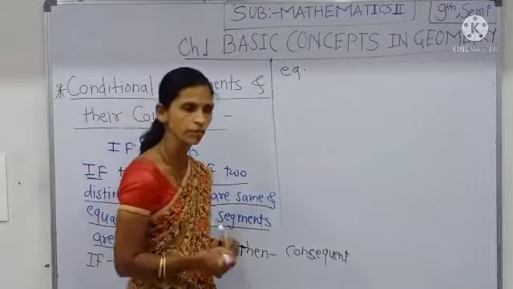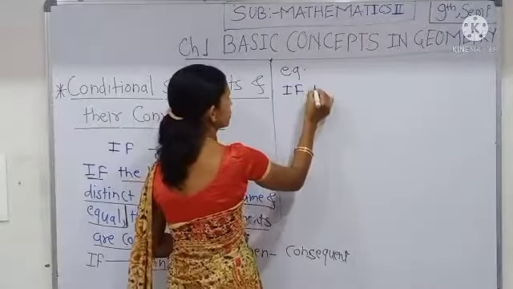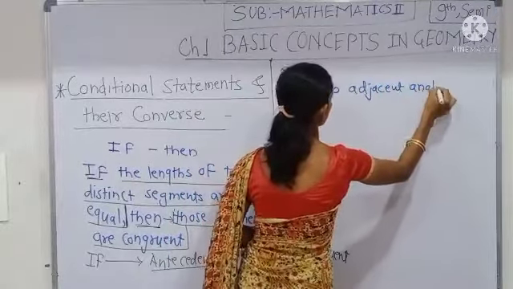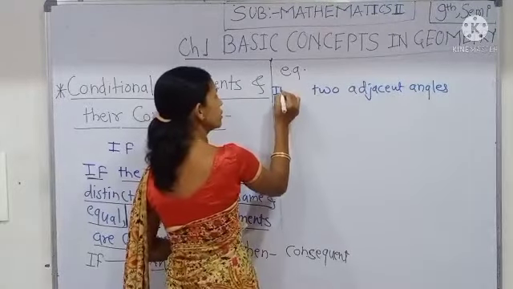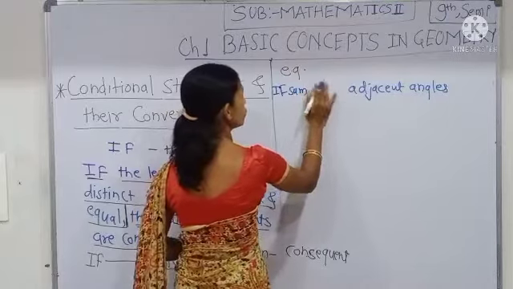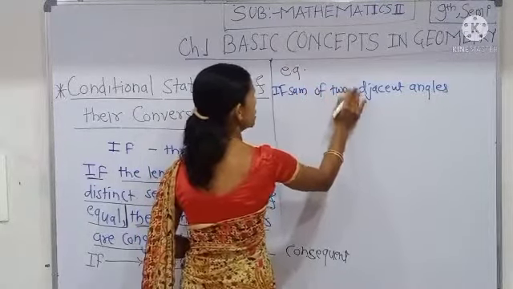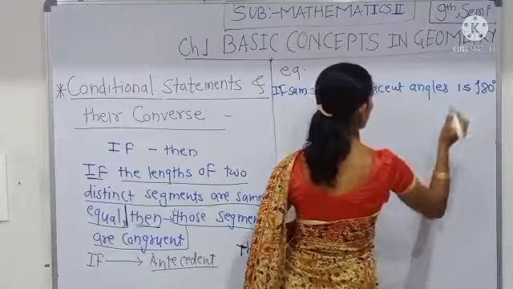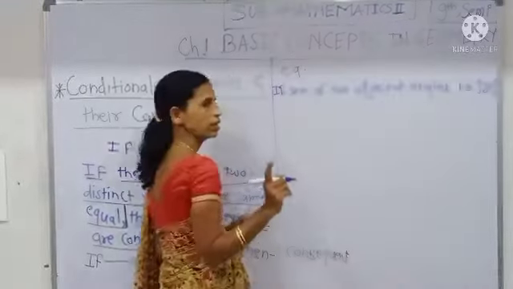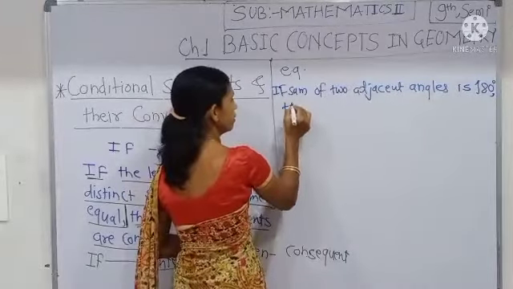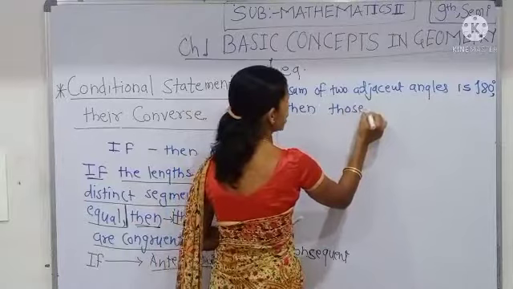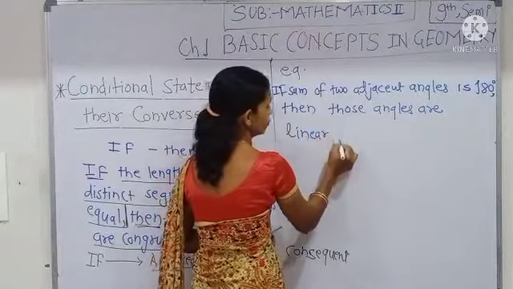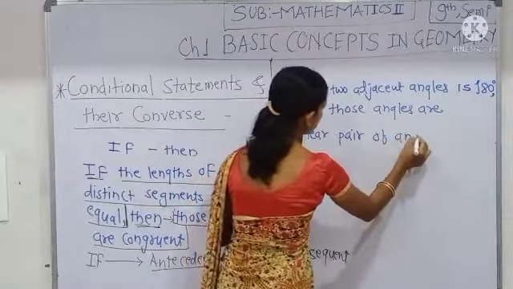For example, if the sum of two adjacent angles is 180 degrees, then those angles are a linear pair of angles.